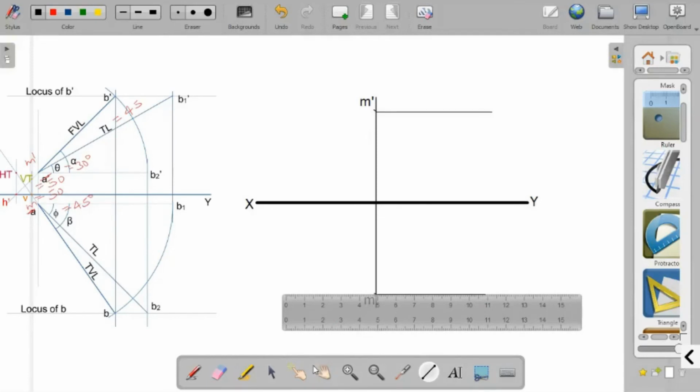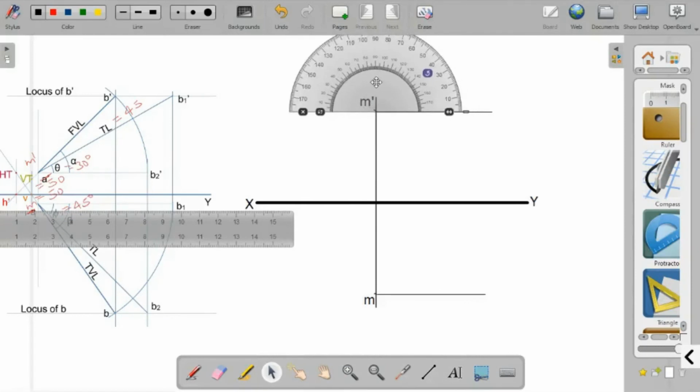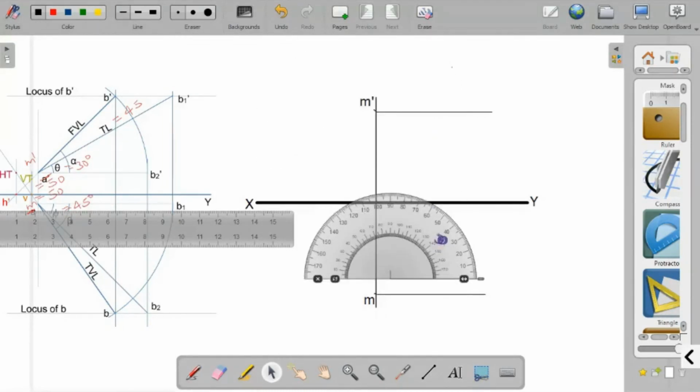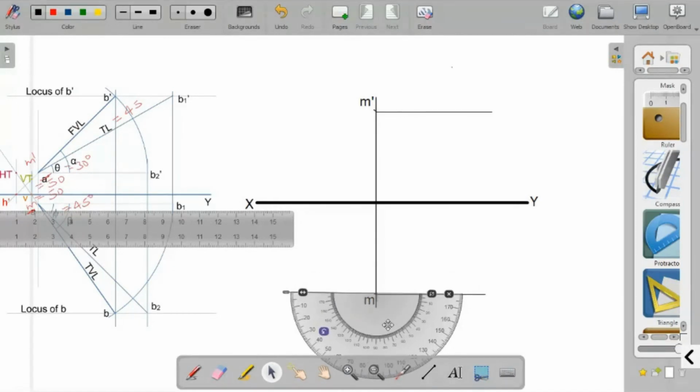Now from here you draw a 30-degree line from this point. You draw the 45-degree line. So 40, 45.